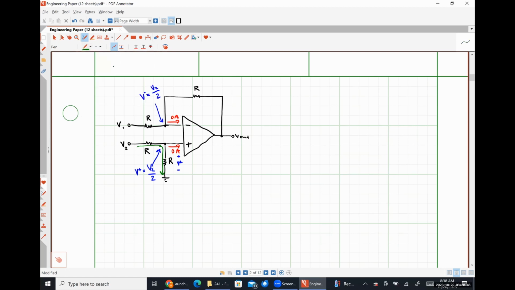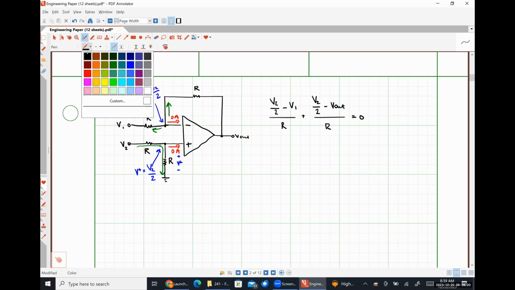Applying Kirchhoff's current law at our inverting input node, we are going to have V2 divided by 2 minus V1 divided by R plus V2 divided by 2 minus V out divided by R is equal to 0.